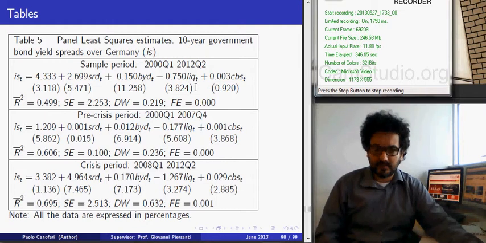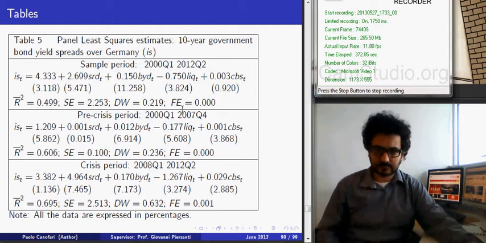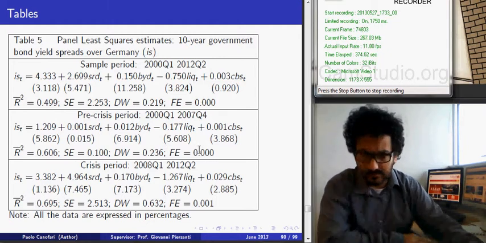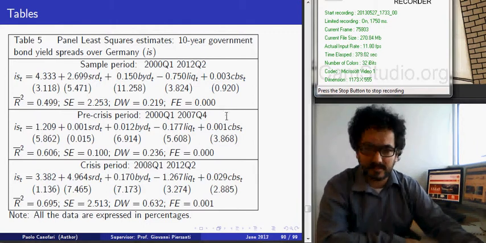This is the difference between the liquidity of country i and the liquidity of Germany, so it means the ratio between the government debt and the total Union 27 government debts. And CPS is the difference between the AAA corporate bond interest rate and the treasury bill interest rate. F is the redundant fixed effects test.